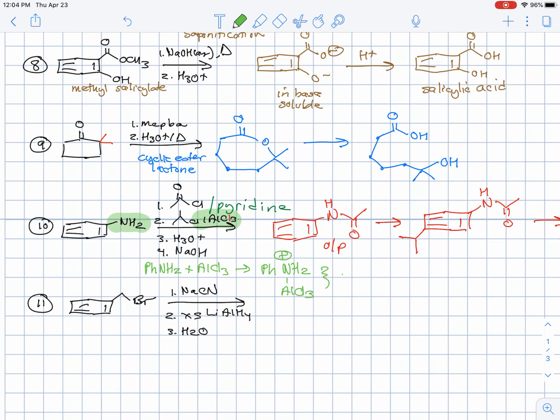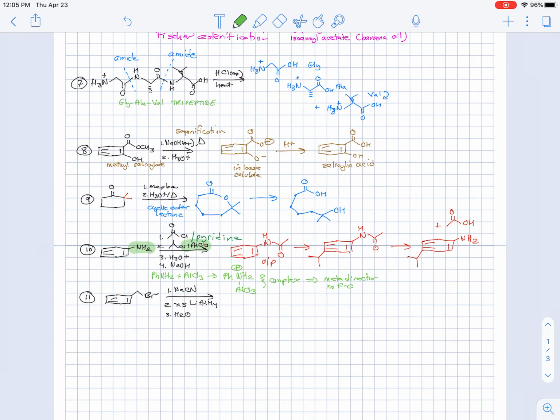And what happens is those two things form this complex. And notice that what you've done is you've now converted a highly activating group into a meta director. And if you have a meta director, you're not going to get any Friedel-Crafts alkylation or acylation.